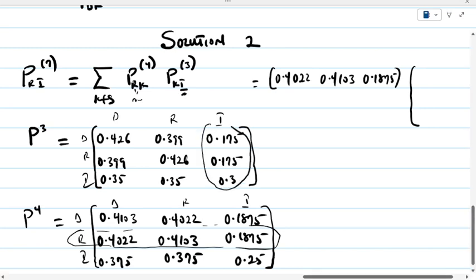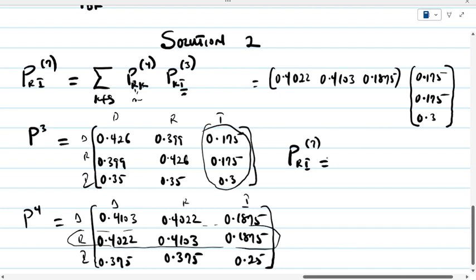And then lastly, I need the column of I in P raised to power 3, which is 0.175, 0.175, and 0.3. So the next is to multiply and find the summation, the probability of moving from R to I over 7 steps.